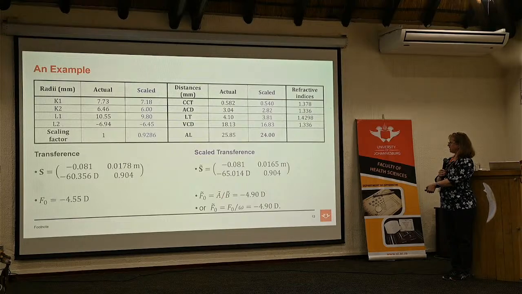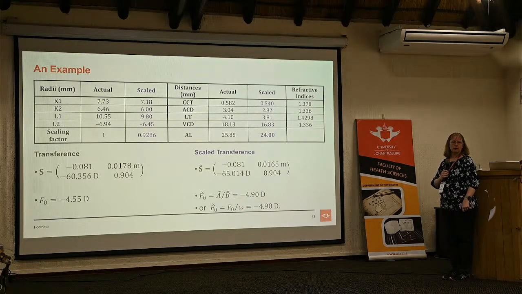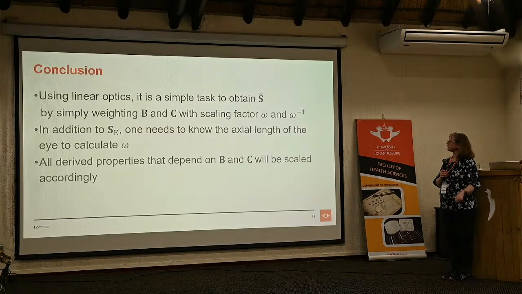And if we take the scaled A over scaled B, we get minus 4.9. And if we take this refractive error and divide by our scaling factor, we get the same value. So that is how the scaling will relate to each other.